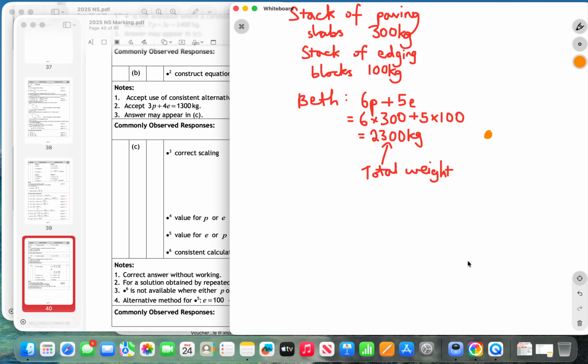That simply isn't possible. So you would lose marks if you wrote negative values, because it shows to the marker that you don't understand the context of the question. Because if you understood the context and you checked your answer, you did what's called a sanity check, you would notice that having a negative weight is nonsense.